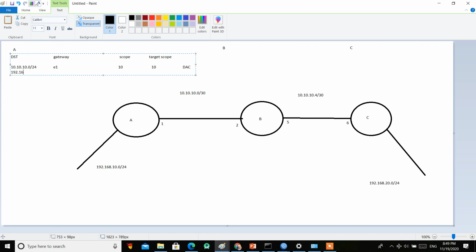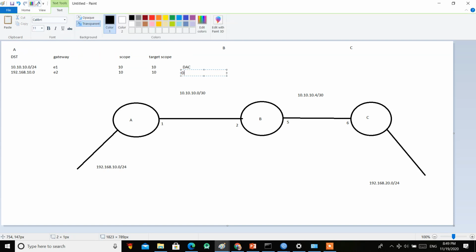Another one, 10.0, it is connected to ether2, for example. The scope is 10, and the target scope.